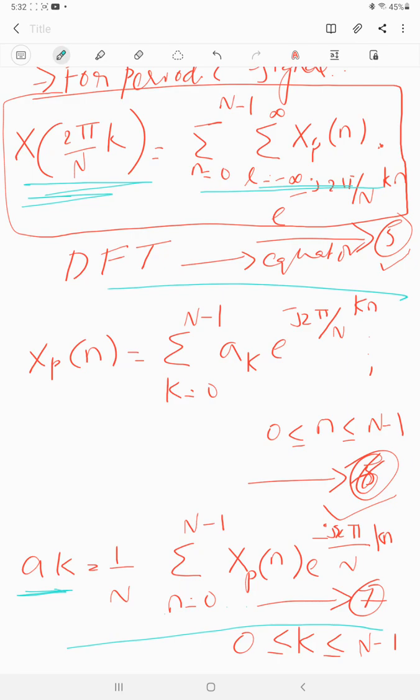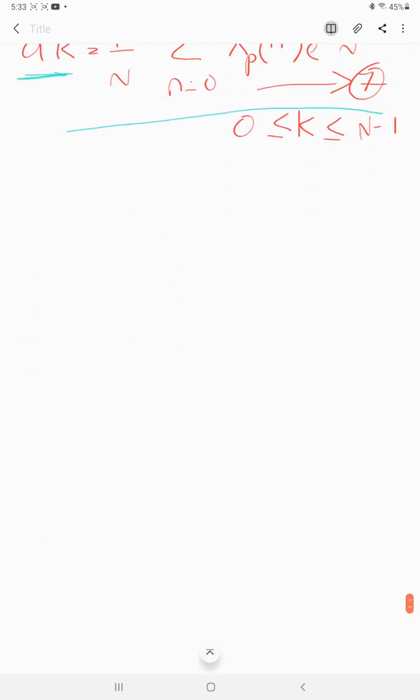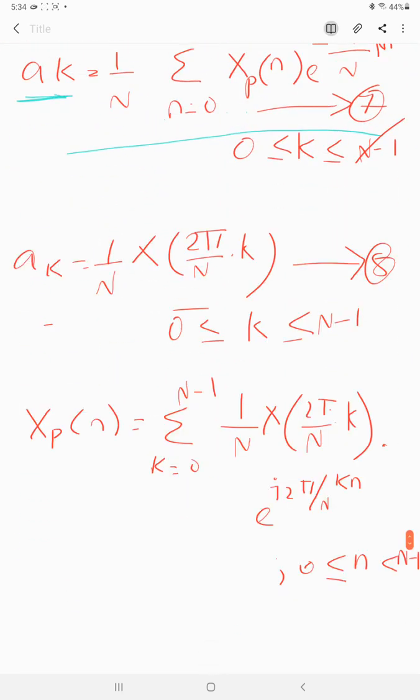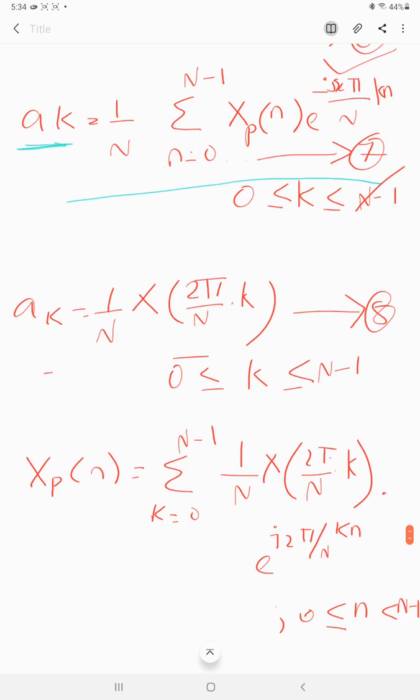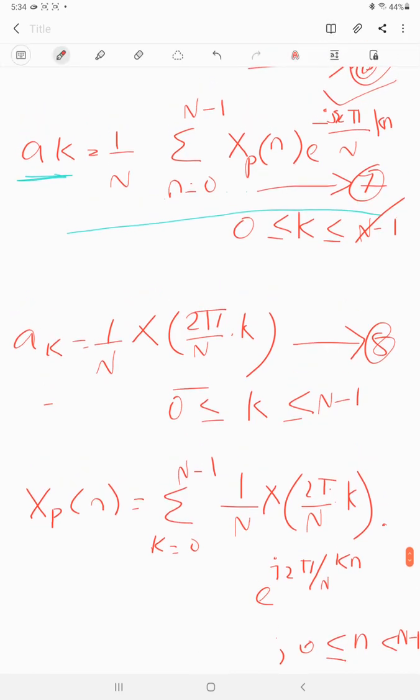Let us put this value of a_k in equation number 8.